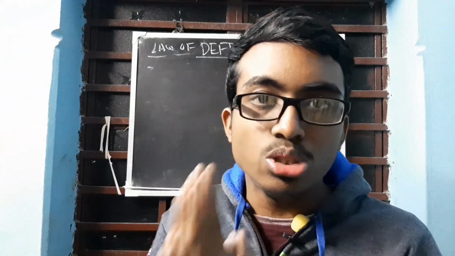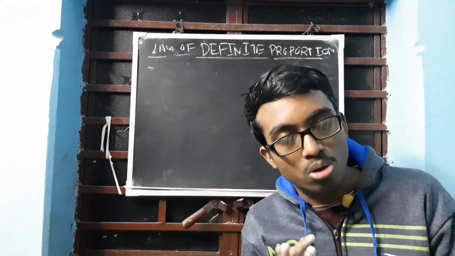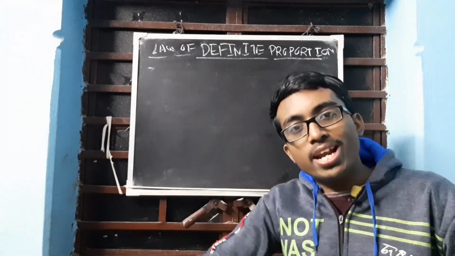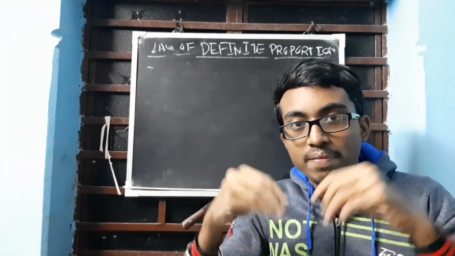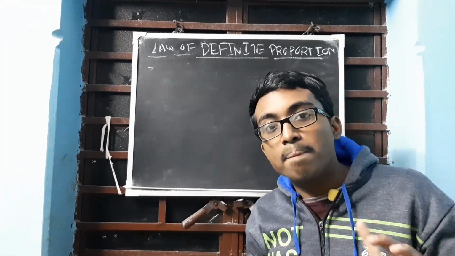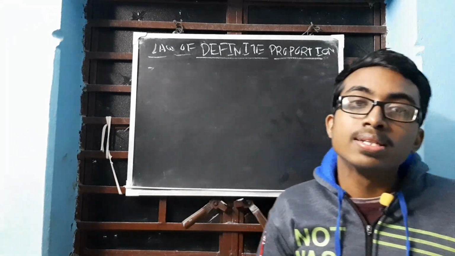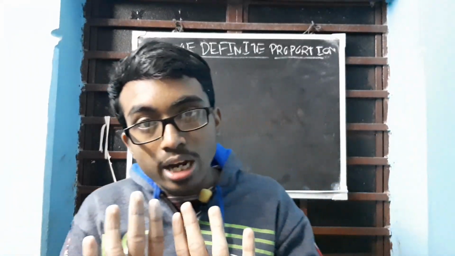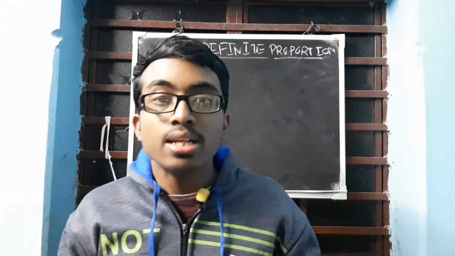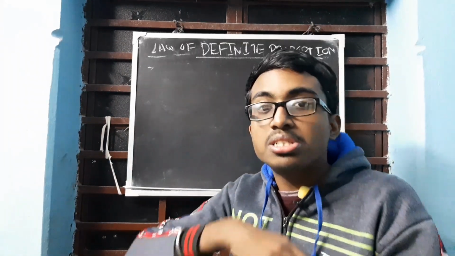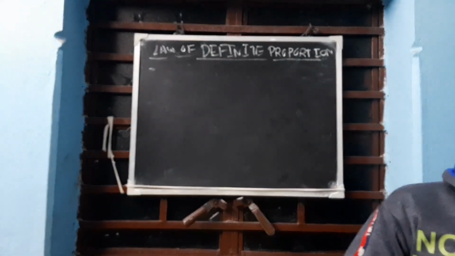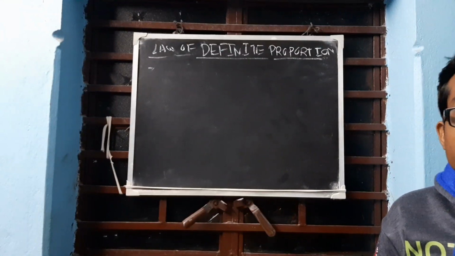Definite proportion, this means from wherever you take the element, from wherever you take the sample, their mass ratio will be same. Did you understand? Do not write this in the statement. This is not the statement. I'm just explaining you. From wherever you take a sample, the mass ratio will be same.